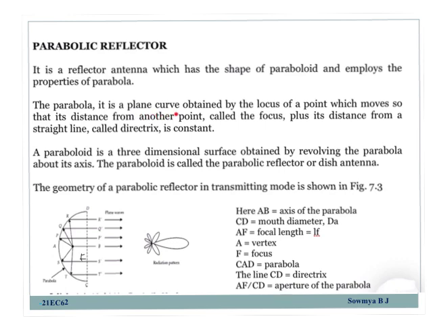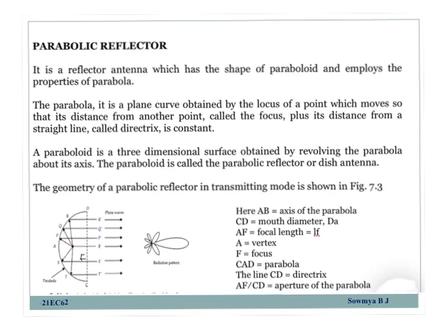The parabola is a plane curve obtained by the locus of a point which moves so that its distance from another point called the focus, plus its distance from a straight line called the directrix, is constant. This is the focus point. Whatever distance you take here, that is FP, and whatever distance is covered in the horizontal direction, PP bar, FP is equal to PP bar.